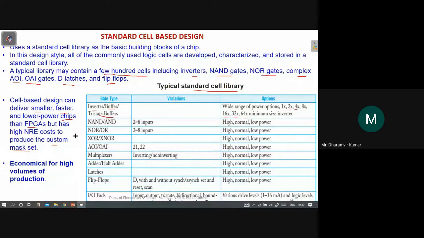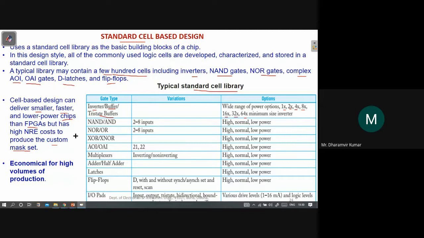Yes, definitely the chances of error would be high, but why would you make an erroneous chip? The error would be there, right? But the thing is that at every stage the design is verified. You design a certain thing, you verify whether it is working or not. You again design, go to the next stage, you do some modification, you again verify this.